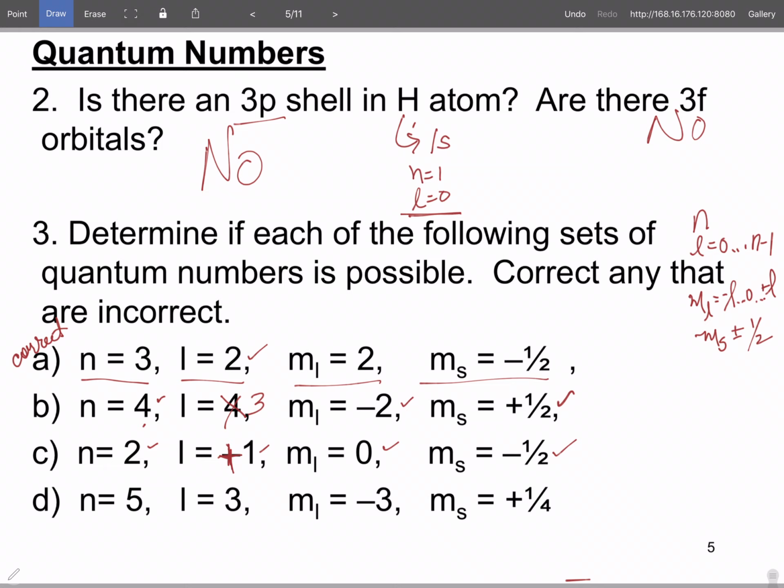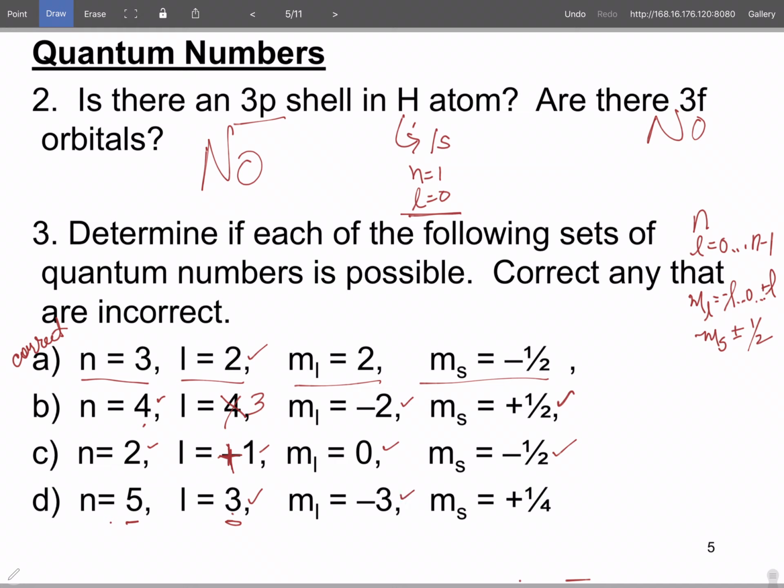So if n is equal to 5, can L be equal to 3? Yes, because it can be 0, 1, 2, 3, or 4. And M sub L, if L is 3, can be minus 3. Now, if L was 2, which is allowed by n, M sub L could not be minus 3 because it can't exceed. So we're okay on that one.